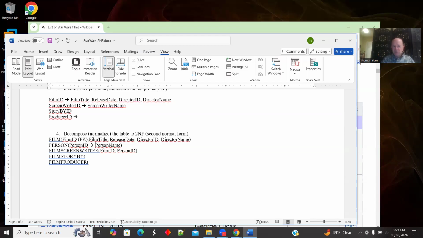So the relationship between the screenwriter and the film is here in what you might call a bridge table, connecting the film ID to a person ID. And the story by is another relationship between film and a person. And when you have multiple relationships, you often assign them roles. So there are many relationships between a film and a person, and we haven't even gotten into actors. But so the film screenwriter relationship, the film story by relationship, the film producer relationship.